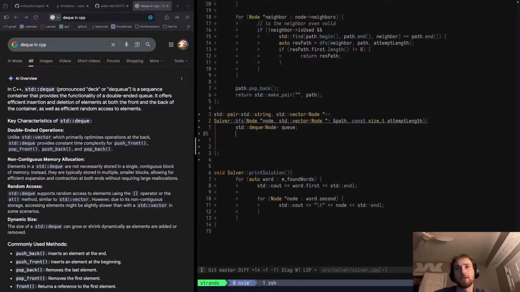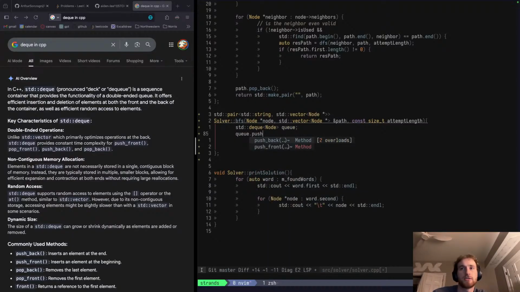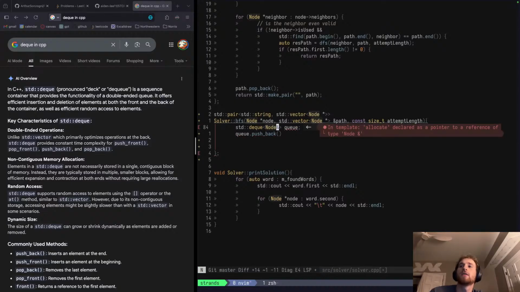So we will originally q.push back. Shouldn't these be references? I think they should be.